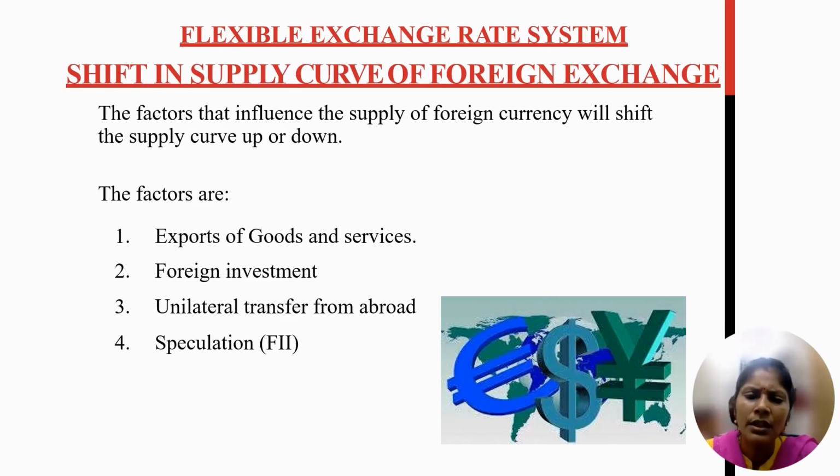So as you take the first factor, export of goods and services, whenever there is an increase in exports of goods and services, we receive the dollars, that is, inflow of dollars towards India, and vice versa.